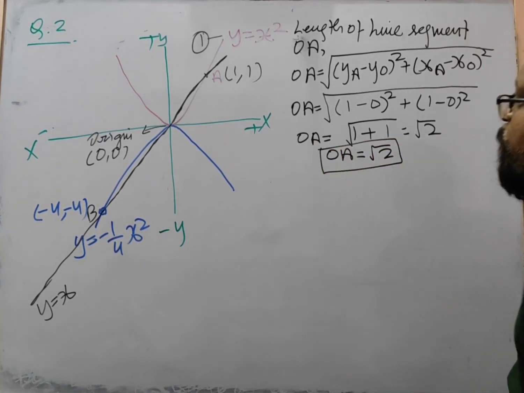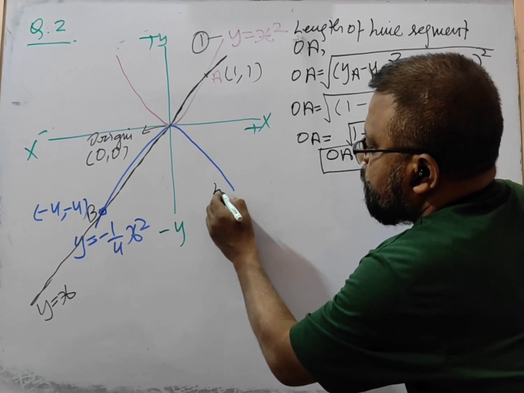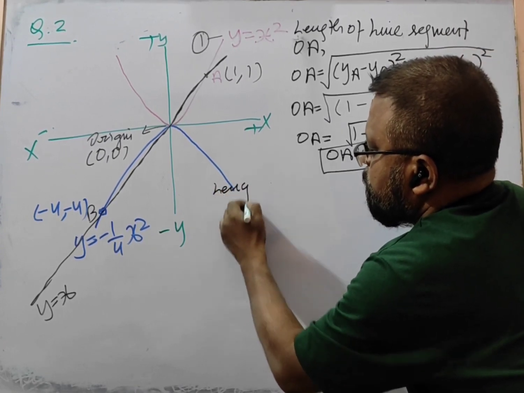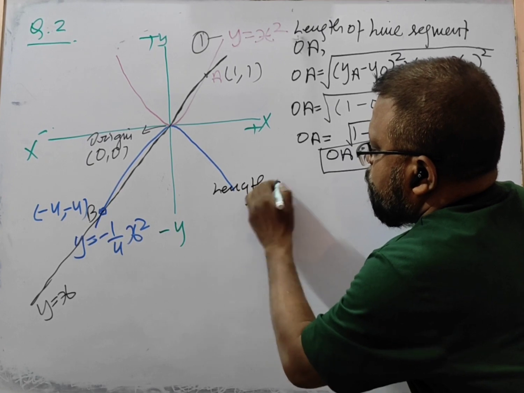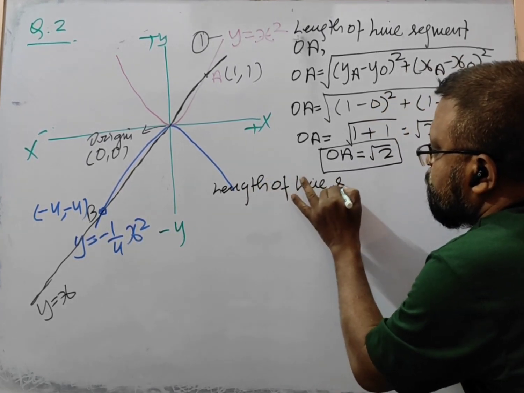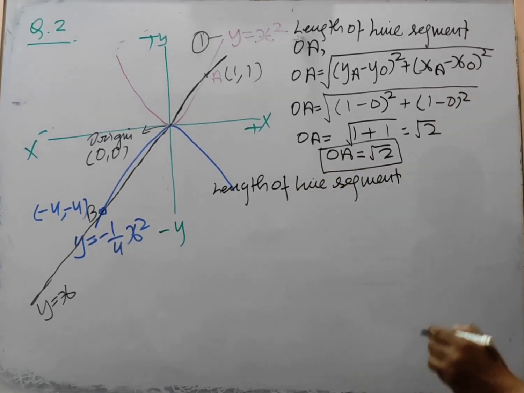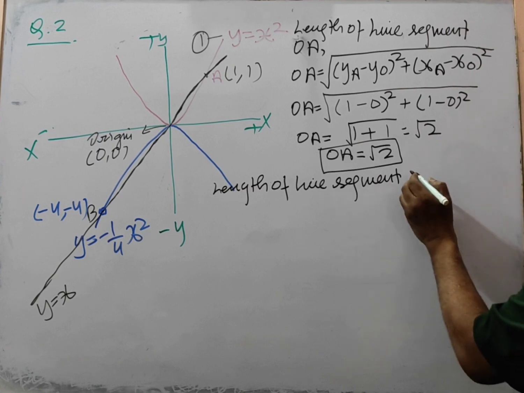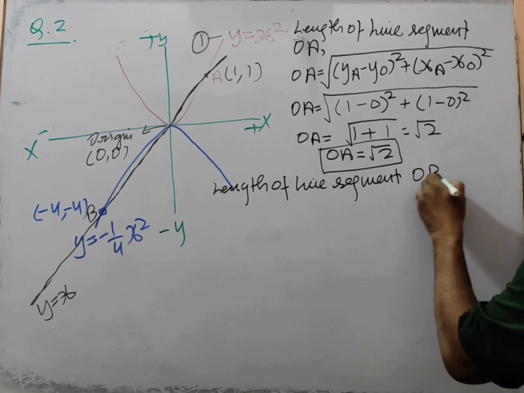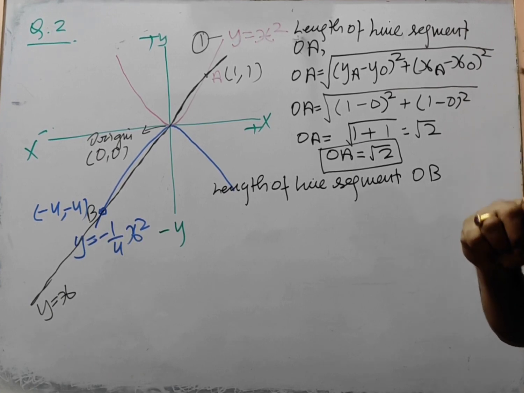This is the length of line segment OA. Now the length of line segment OB, right?